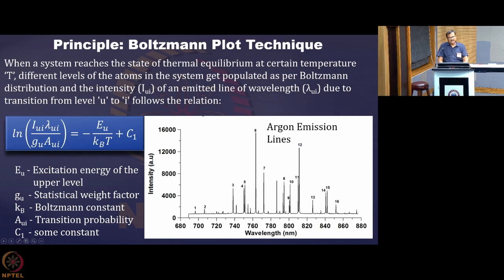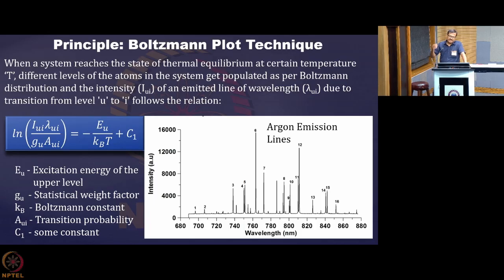Now you see that each of these transitions corresponds to different energy levels. Not necessarily that the energy levels EU that you are considering will be different, but there is a high possibility that they will be. It may also happen that from the same energy level, transitions are going on to multiple levels.